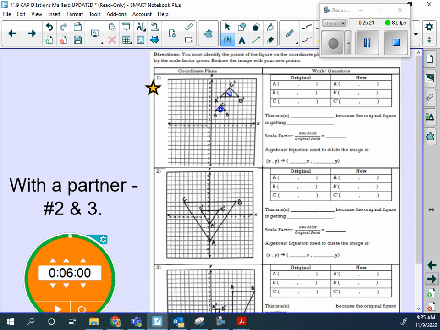So go ahead and write your points for the original. Go ahead and label them A, B, C. Okay. Label the points for the new one.